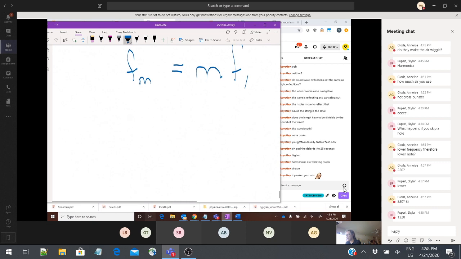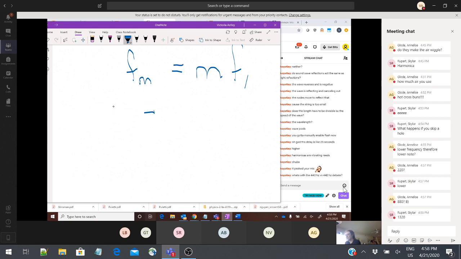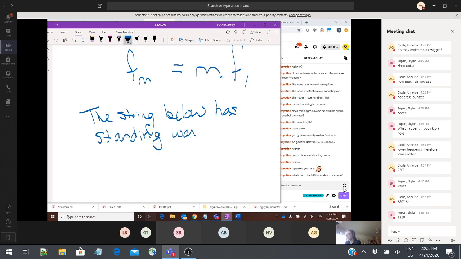So if I tell you there are three frequencies, or I don't know, 440 versus 442, so hang on. So the third string below has the standing wave pattern at 450 hertz.